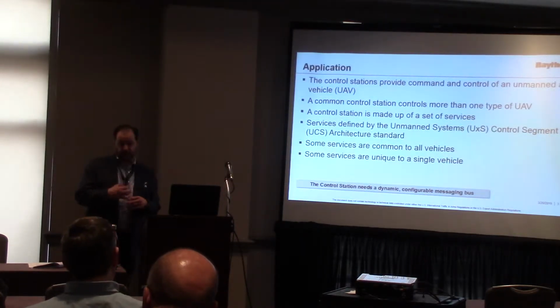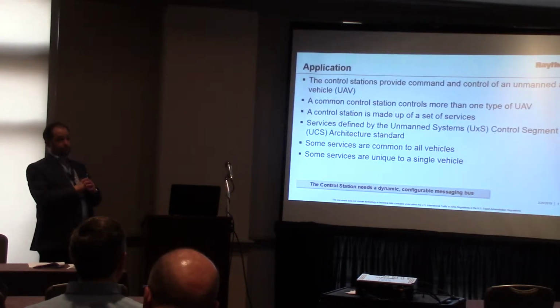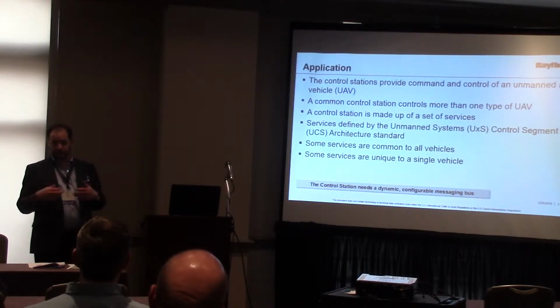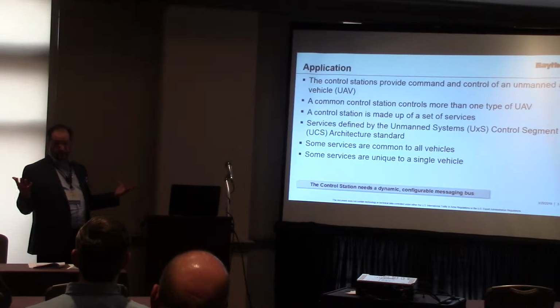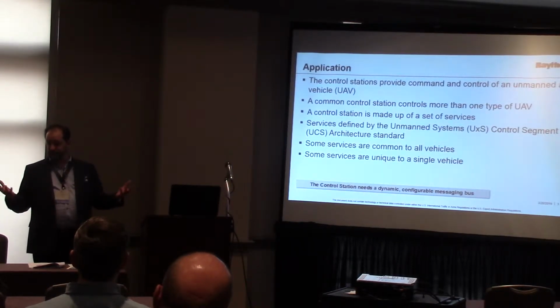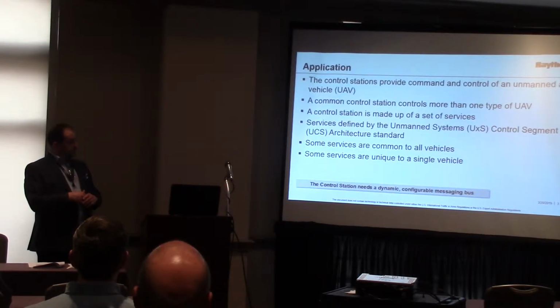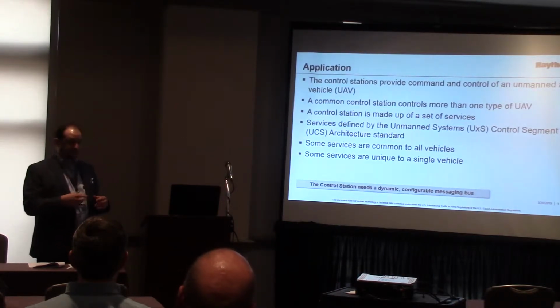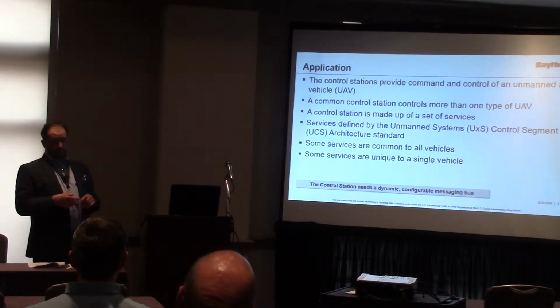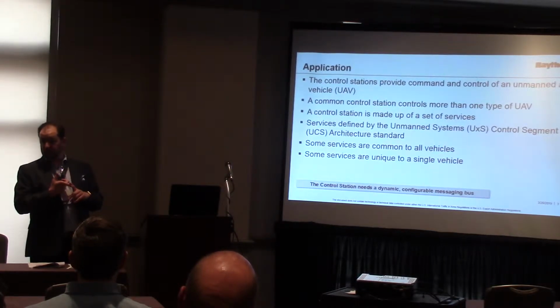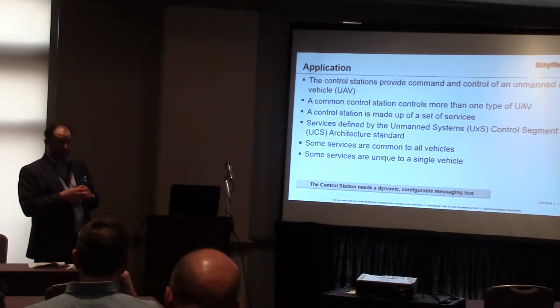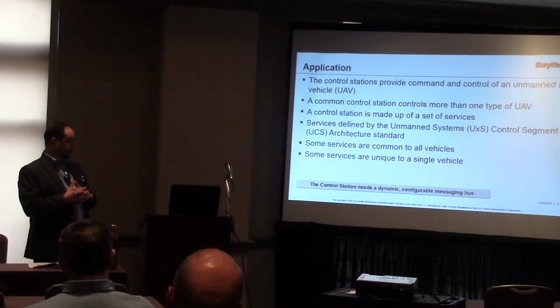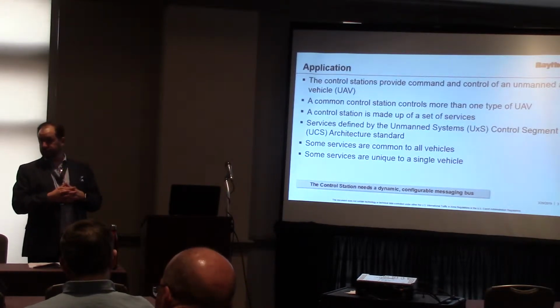When we talk about UAVs, probably the most common thing that comes to mind is Predators, right? They're in the news all the time. Raytheon has nothing to do with the Predator, but it's probably the one you're most familiar with. We control Global Hawk, which is a UAV with the wingspan of a 747, so we're talking large vehicles.